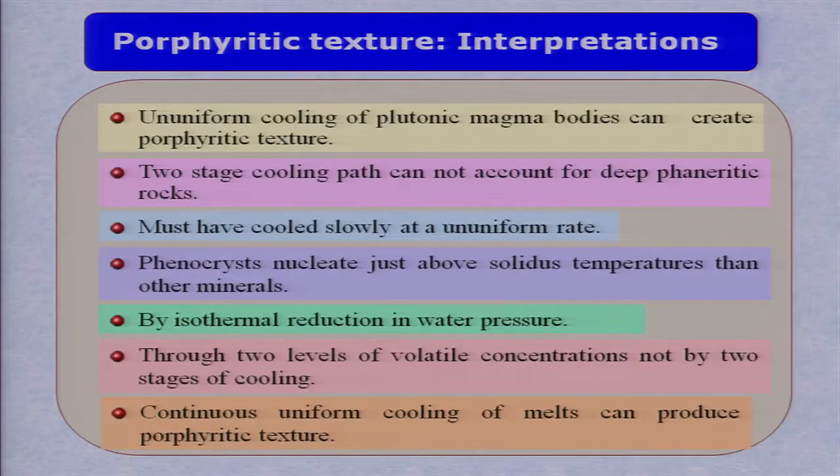Phenocrystic texture developed because of two-stage cooling, that is an old idea, but now the new idea is the two levels of volatile concentration, that is accountable for the development of porphyritic texture. The last one is continuous uniform cooling of the melt can produce porphyritic textures. So, these are the interpretations. If you see porphyritic texture in any unknown igneous rock, these may be the reasons accountable for their formation.